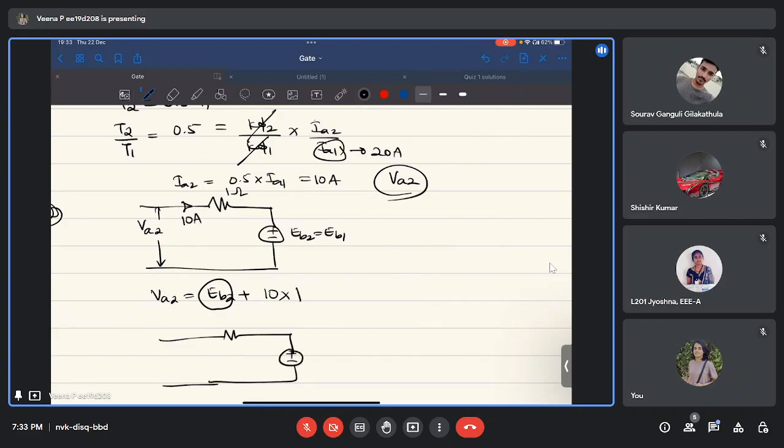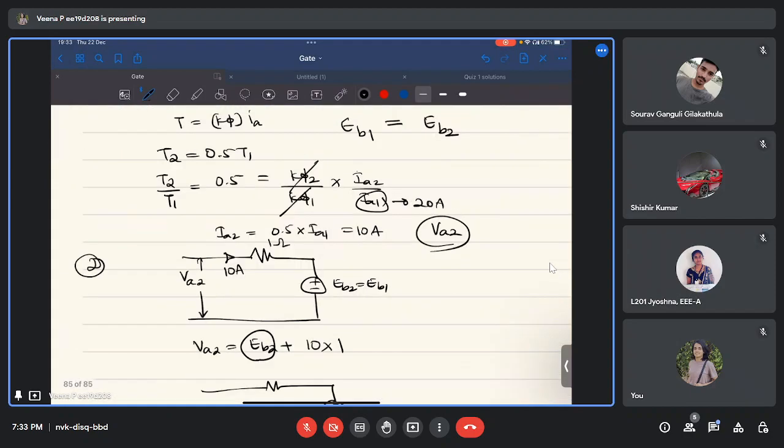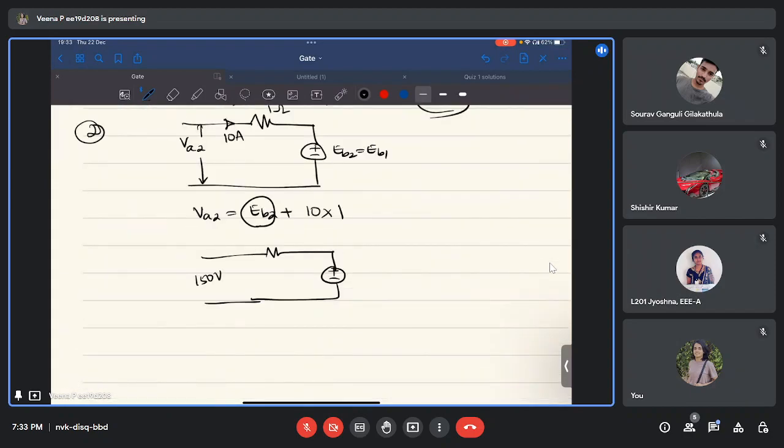EB1 happens when you apply rated voltage. It is given that the rated armature voltage is 150 volt. So when you apply 150 volt, there is a current flow of 20 ampere through 1 ohm resistance, and this is EB1. So EB1 is nothing but 150 minus 20 times 1, which is 130 volt.